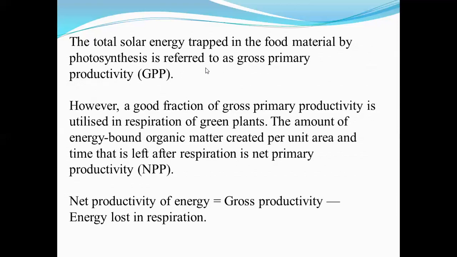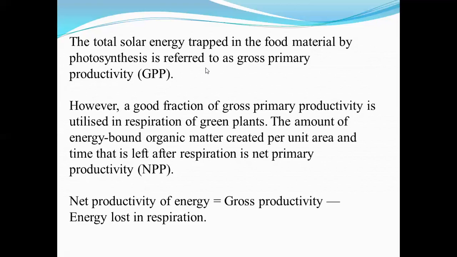So a good fraction of this gross primary productivity is utilized in the respiration of the autotrophs. The amount of energy-bound organic matter created per unit area and time that is left after respiration is called net primary productivity, or NPP. If we take the example of a plant, the plant fixes solar energy in the form of carbohydrate.